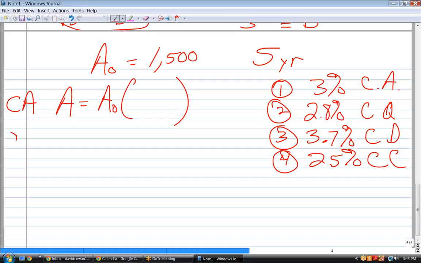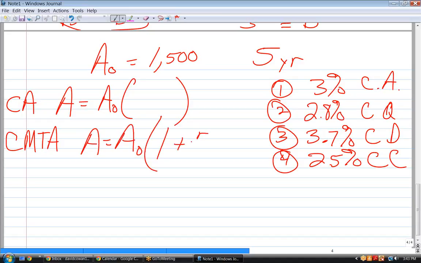There's one for compounded annually, and one for compounded more than annually.